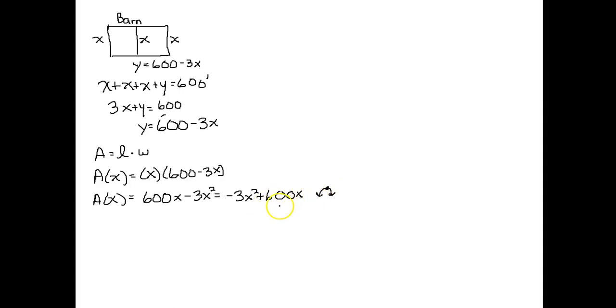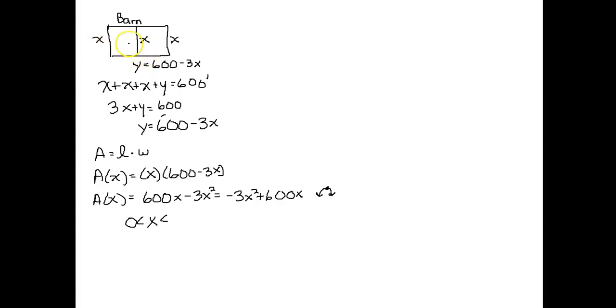All right, and for this situation, x has to be bigger than 0. Because if you had a side of 0, you wouldn't have a rectangle. And x has to be less than what? Well, the total amount of fencing is 600 feet. And you've got to have something for x and something for y.